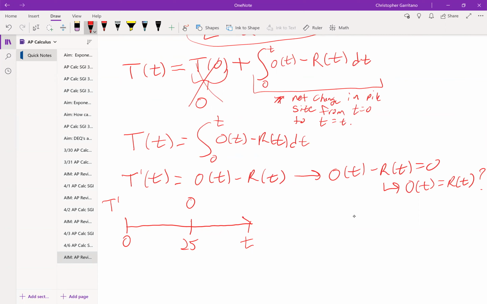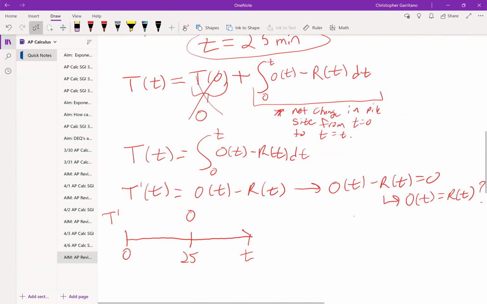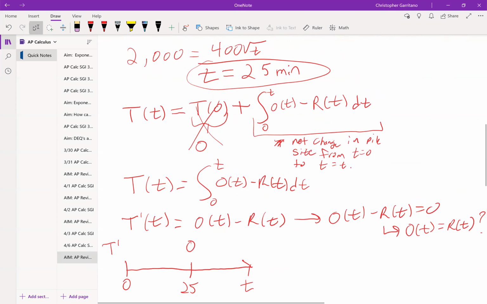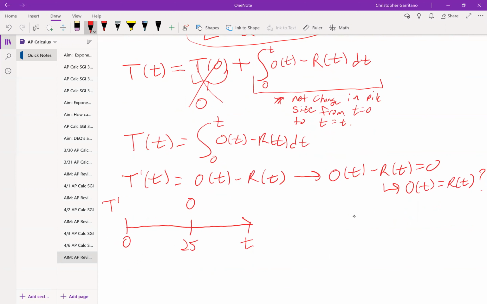Now, anything in between 0 and 25, we're interested in whether it's positive or negative. Let's just choose something simple, say t equals 1. Let me explicitly write out O of t minus R of t. Remember, O of t was 2,000, and R of t was 400 radical t. So when t equals 1, you can see that this number is clearly positive, which means that the pile is increasing in size within this interval.